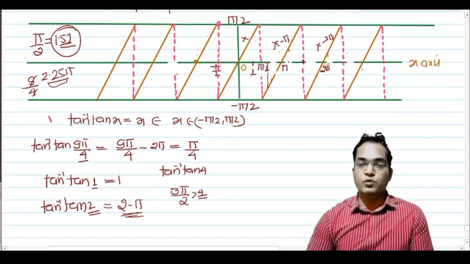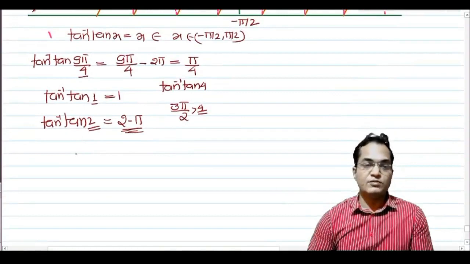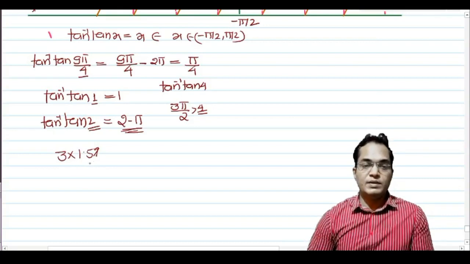That's why the 4 lies here, between 3 pi by 2 and 2 pi. Now I am going to solve the 3 pi by 2 for you and check it. 3 into pi by 2, 3.1, this is like this. 3 pi by 2, solve it.